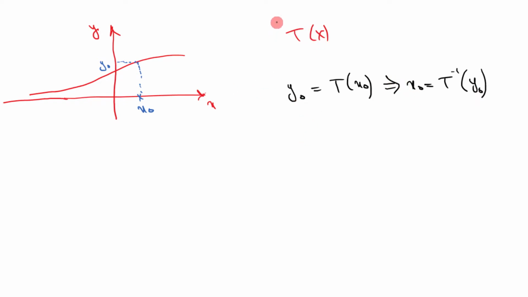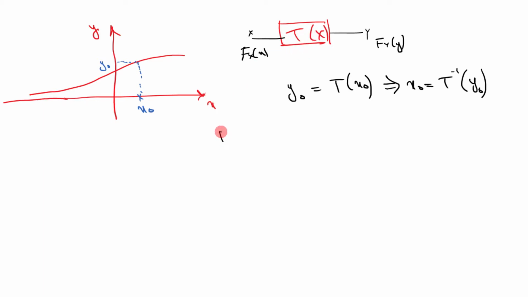For this transformation T of x, you have input x and output y, where this x is a random variable whose distribution function is F_X of x, and the output y has a distribution function F_Y of y. So at this point x naught, you have y naught for this monotonically increasing transformation T of x.